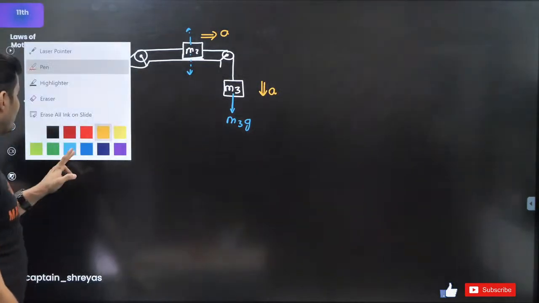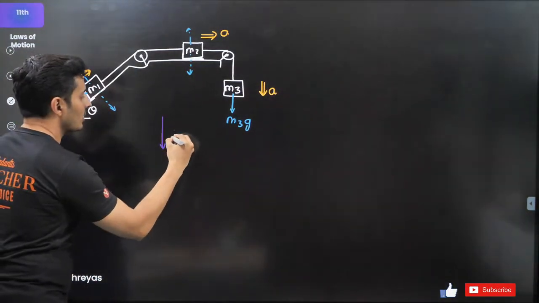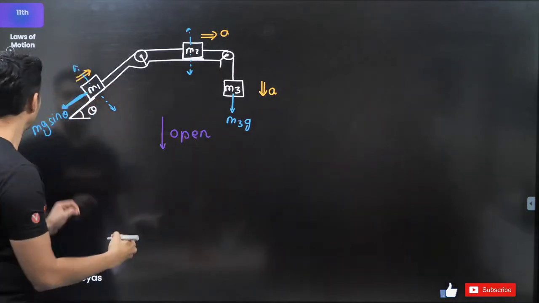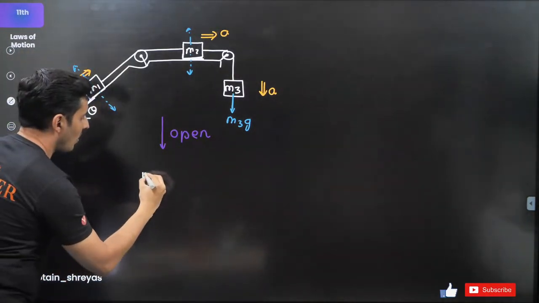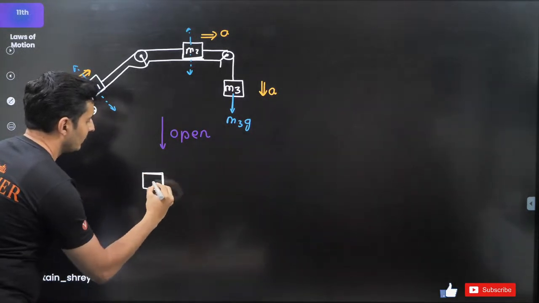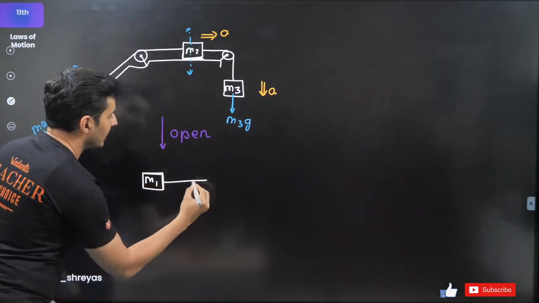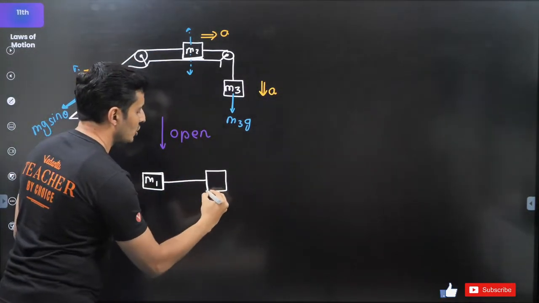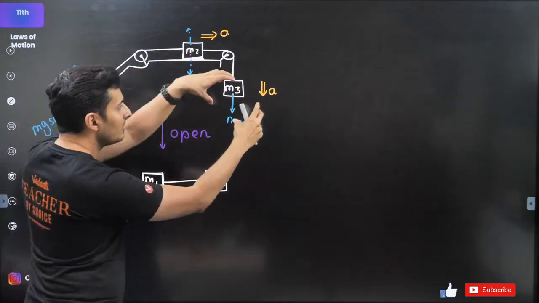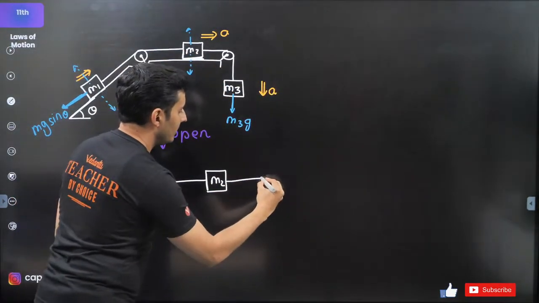When you open it up, see how it looks. The moment you open it up, what will you see? This mass will become straight. So I will just show m1 like this, connected by a string. Forget this pulley, it's only changing the direction. You will just show one mass over here. This mass, bring it over there like this.